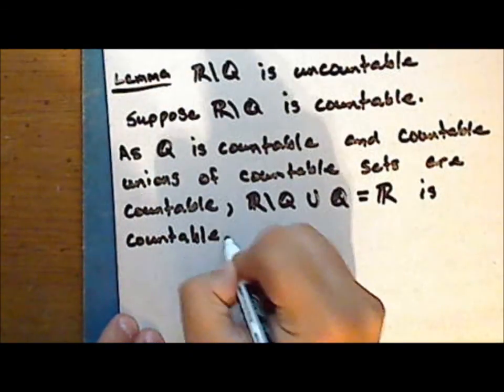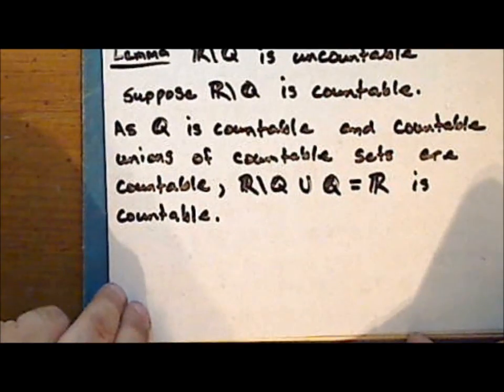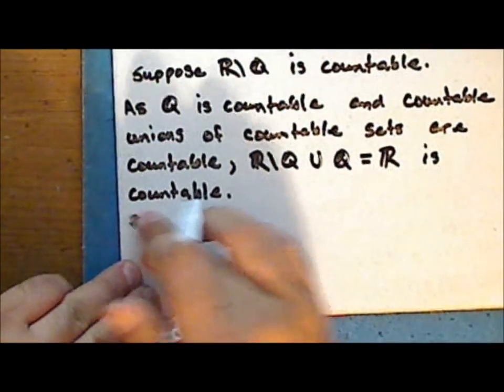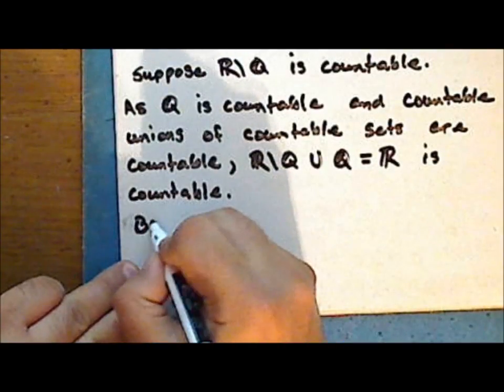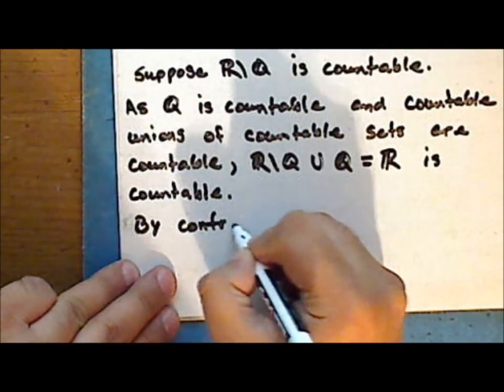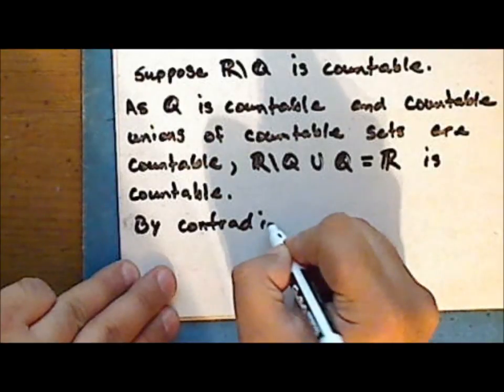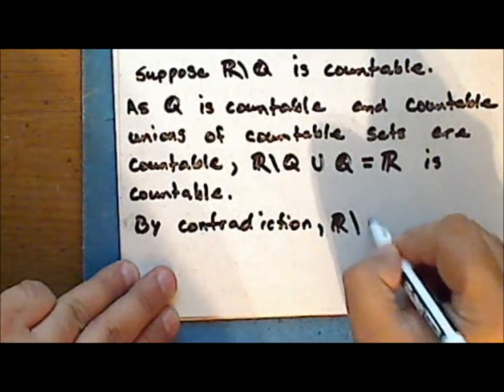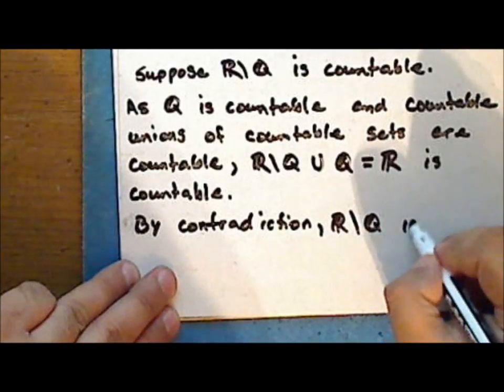But as we have just demonstrated the opposite of this, we have a contradiction. So by contradiction, we have that the irrational numbers as a set is uncountable.